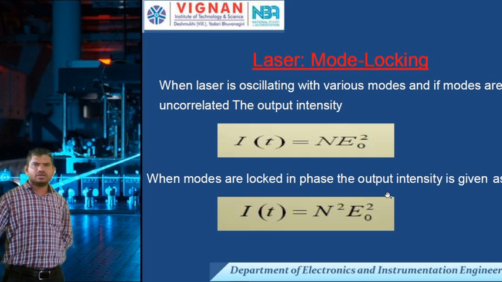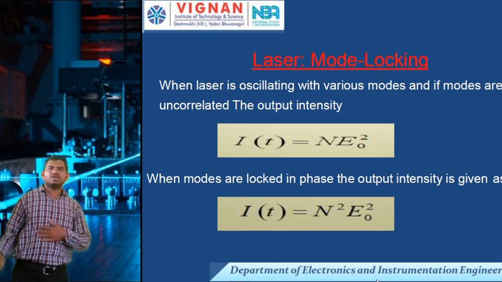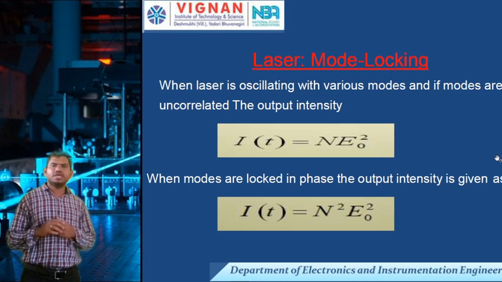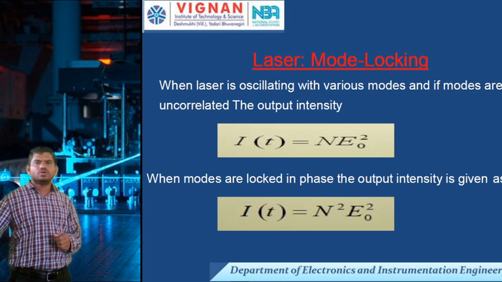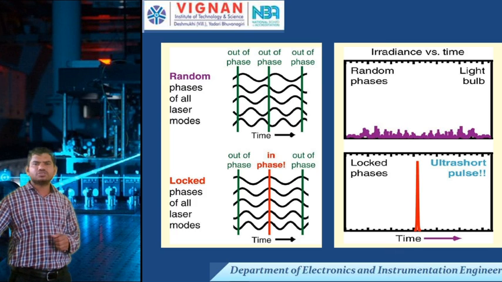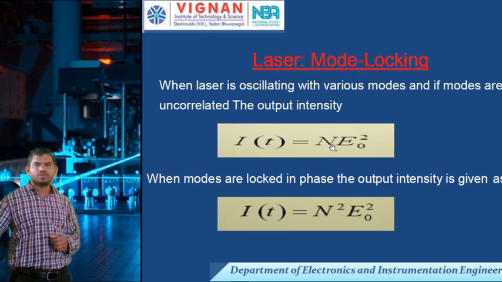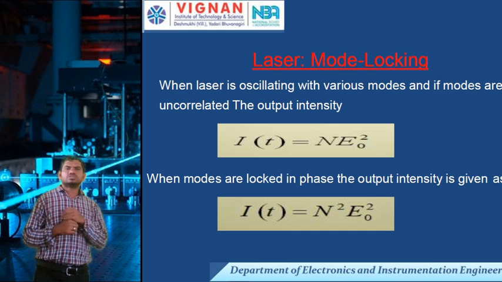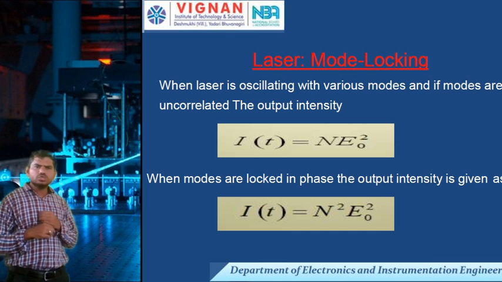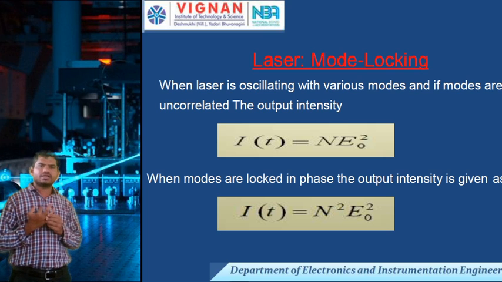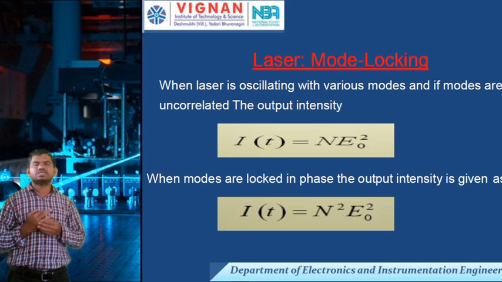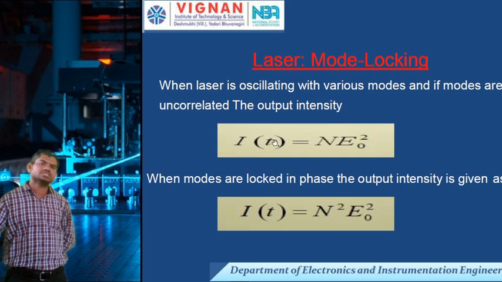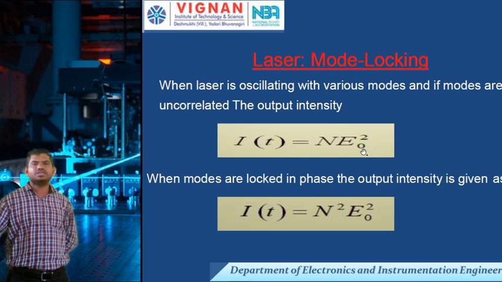Now the detail: when a laser is oscillating with various modes, and if the modes are uncorrelated, the output intensity we can represent as I(t) = N E0 squared.